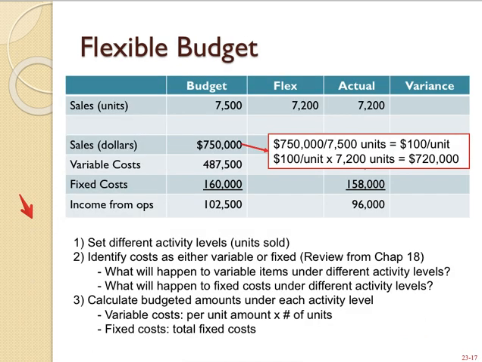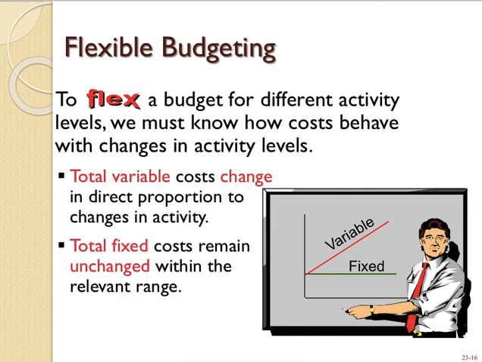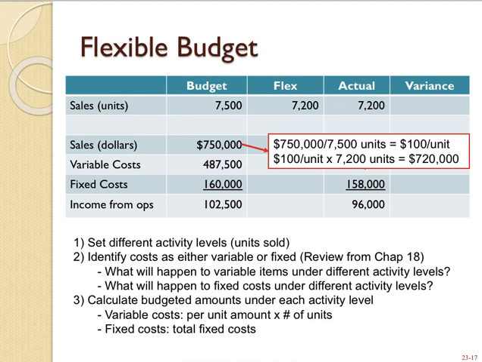So if you go here to our flexible budget, what we have to do is, once we identify items as either fixed or variable, we need to calculate the budgeted amounts under each activity level. For variable costs, because those vary based on the number of units, you have to first figure out the per unit amount and multiply it by the number of units.